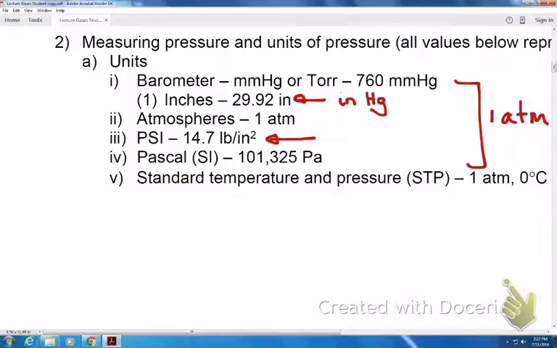Or what's the density of this gas at STP? We often convert everything over to these conditions. In the military, it's 25 degrees, depending on what you're doing. There's also standard temperature and pressure for the human body. So you'll hear STP, it doesn't always mean the same thing. It just depends on what discipline you're in.